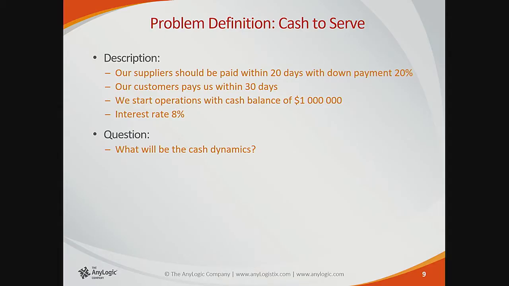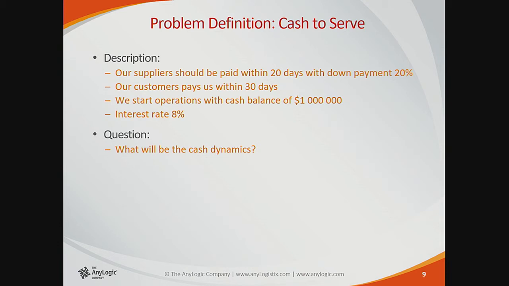So what do we assume here? We have suppliers and we have to pay them within 20 days with a down payment of 20%. Our customers pay us within 30 days. And we start operations with a 1 million balance and the interest rate is 8%. So in case we don't have money, we just get it from the bank.